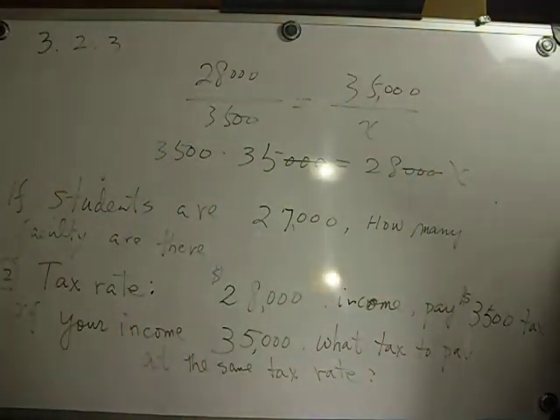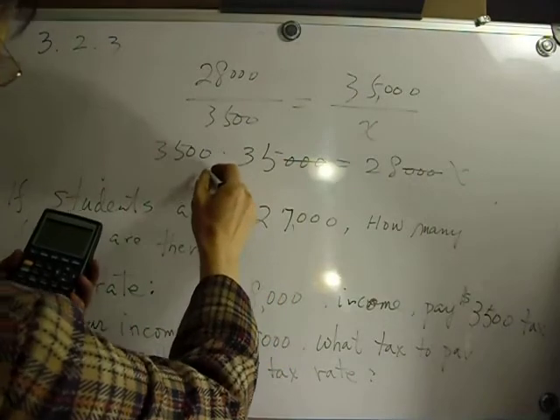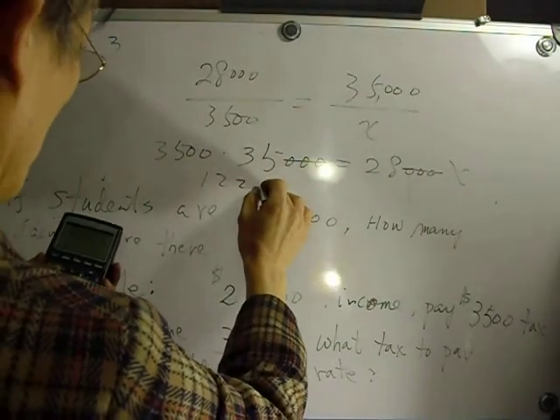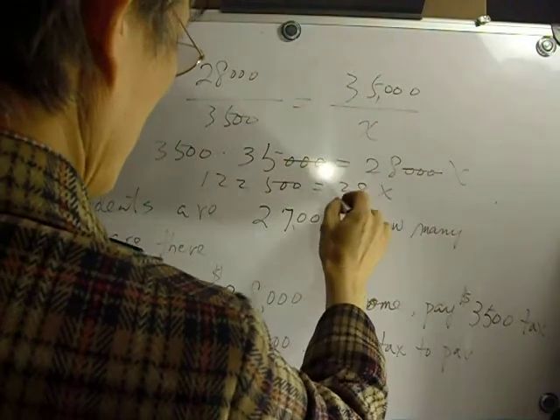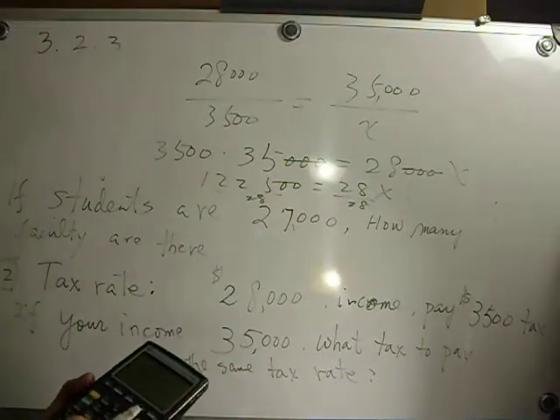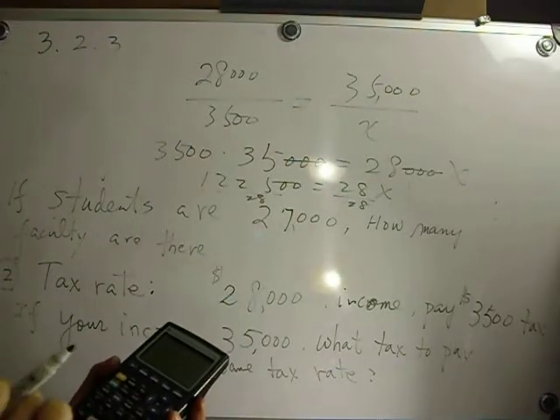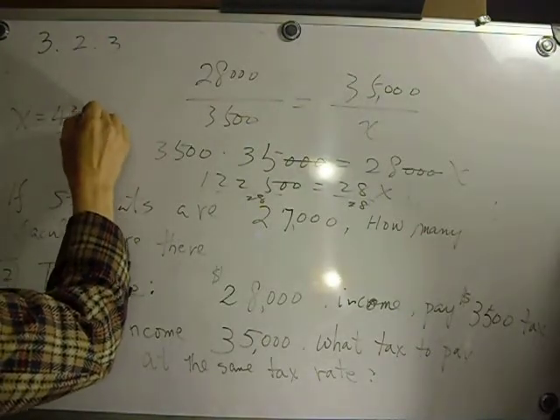Let's do it again. That will be 122,500 equal 28x. And then you divide it by 28. Then you solve that, x equal 4,375.